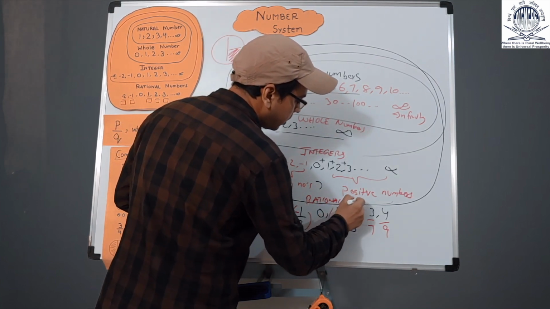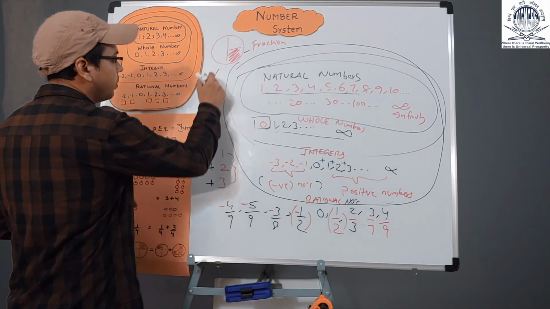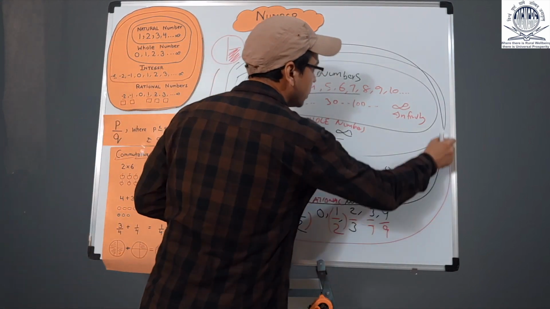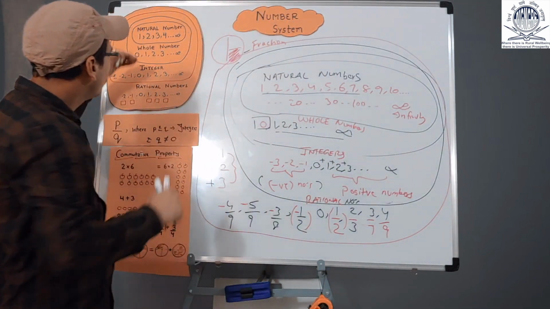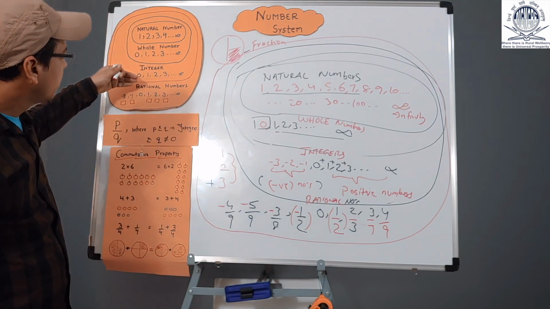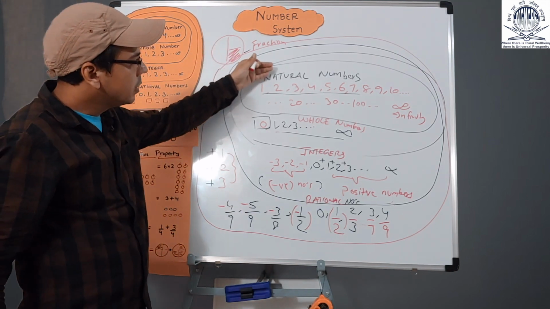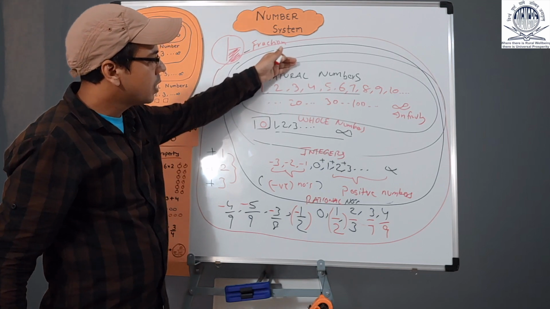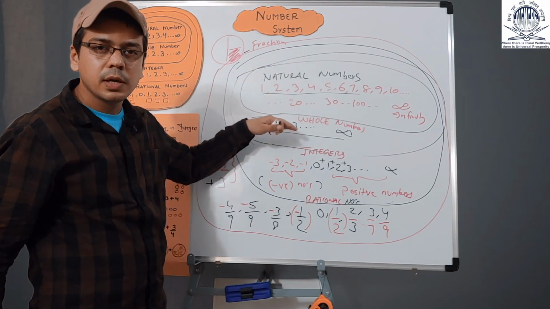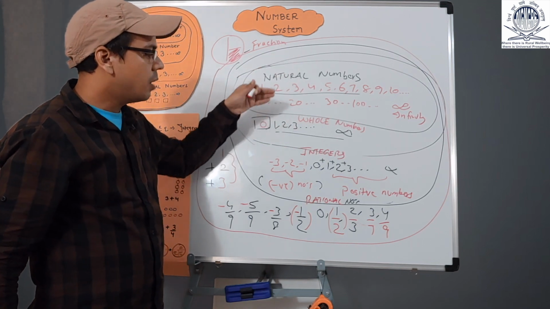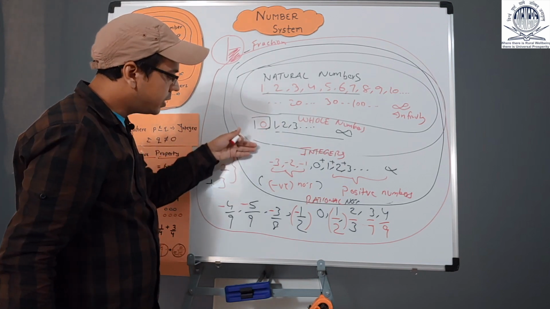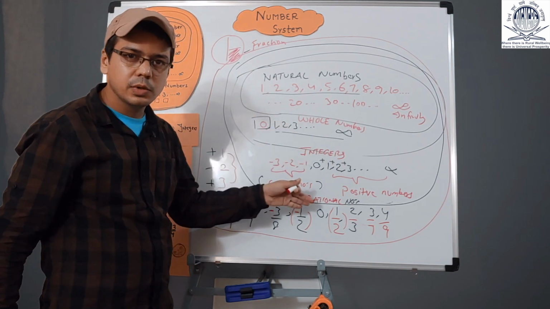They're called rational numbers. So yes, we can make this whole circle, and you may also want to look at this beautiful chart over here, and we may say that all natural numbers are part of whole numbers, all whole numbers are part of integers, and all integers are part of rational numbers.